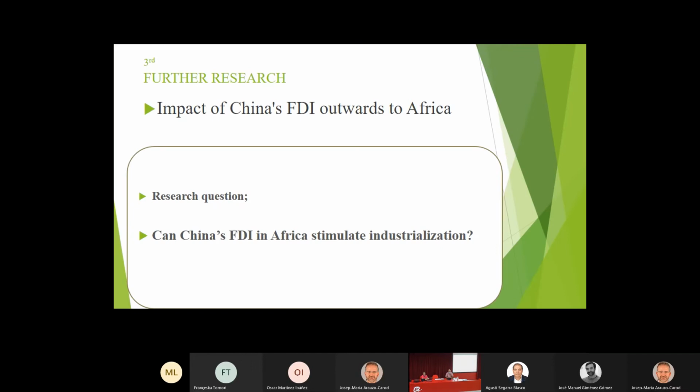Third, the further research we are planning to do is the impact of China's outward FDI to Africa. We assume this research question: can China's FDI in Africa stimulate industrialization? This is the main question.